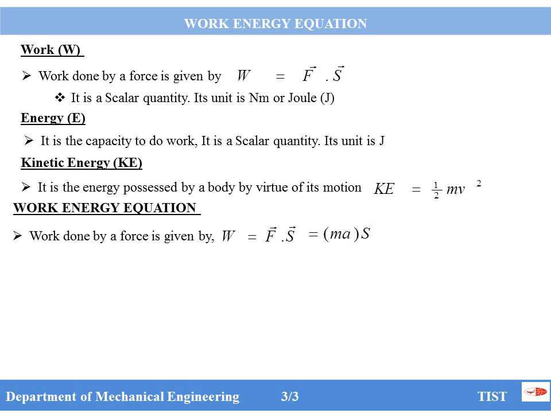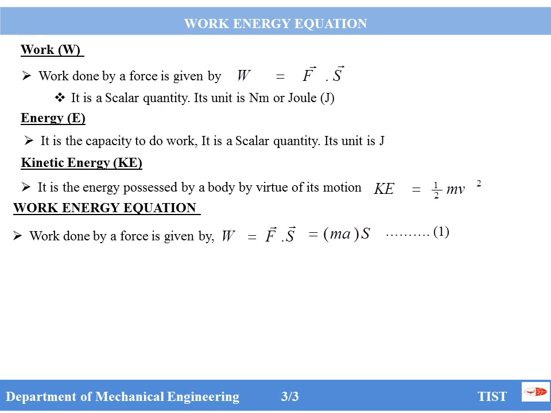You know F dot S is Fs cos theta, right? A dot B is AB cos theta. So I am taking the case where the force and displacement are in line, so cos 0 is 1, and I can use Fs. So F I replace with MA and S simply S. So MA into S is the work done.